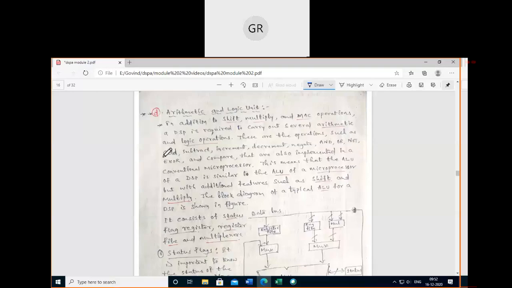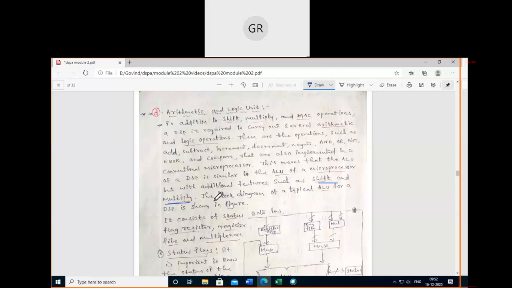These are operations such as add, subtract, increment, decrement, negate, and logical operations AND, OR, NOT, XOR, and compare, that are also implemented in a conventional microprocessor. This means that the ALU of a DSP is similar to the ALU of a microprocessor, but with additional features such as shift and multiply.